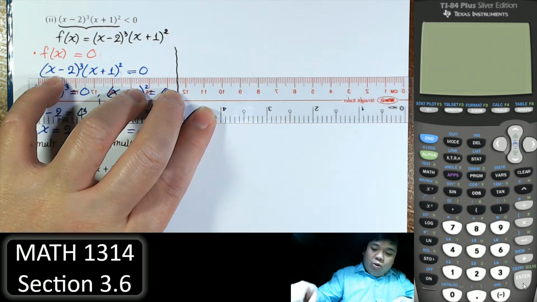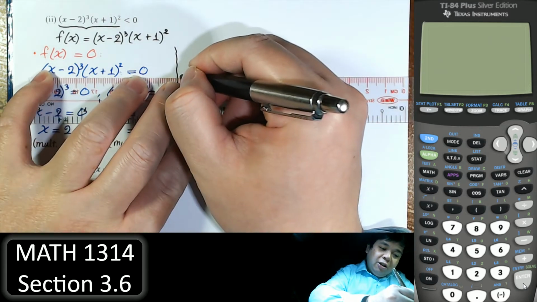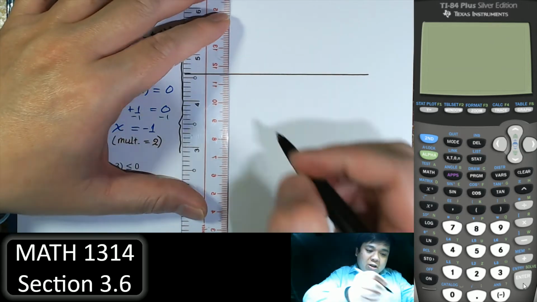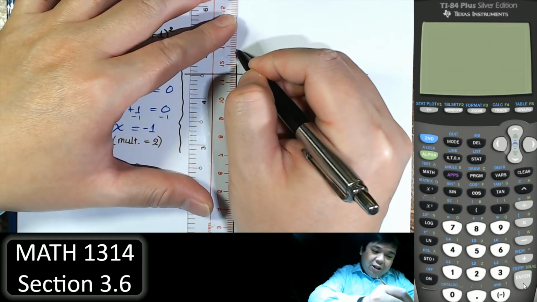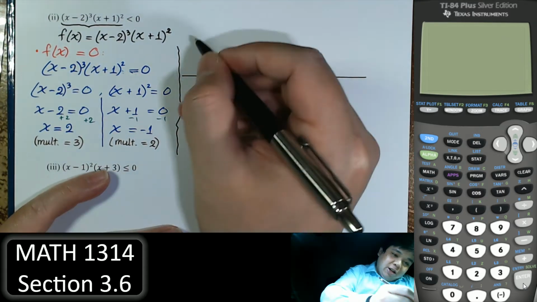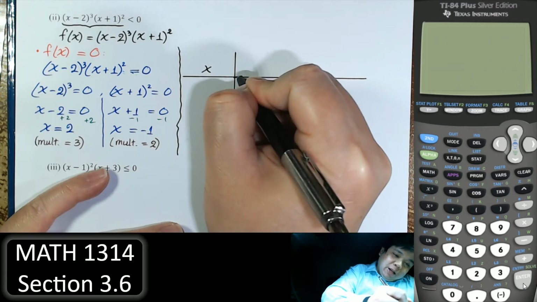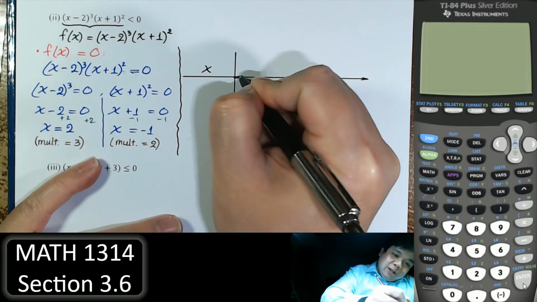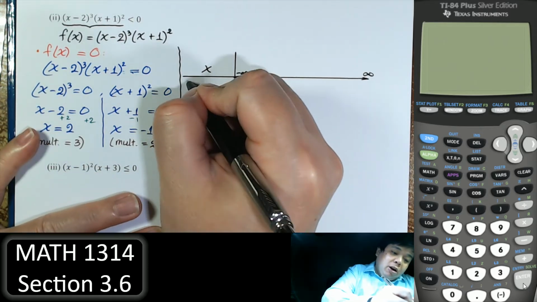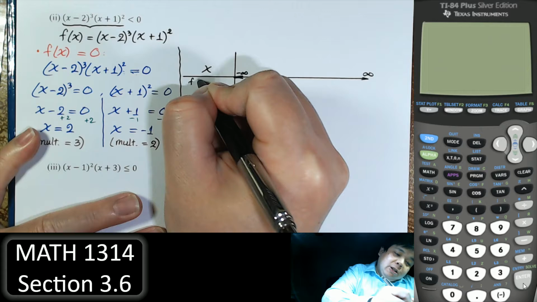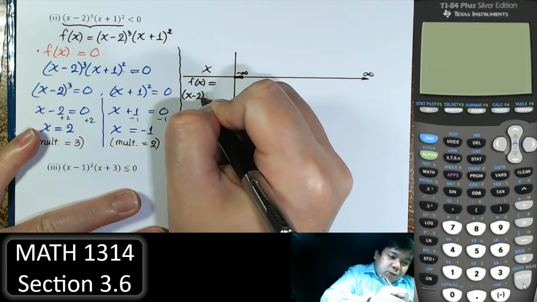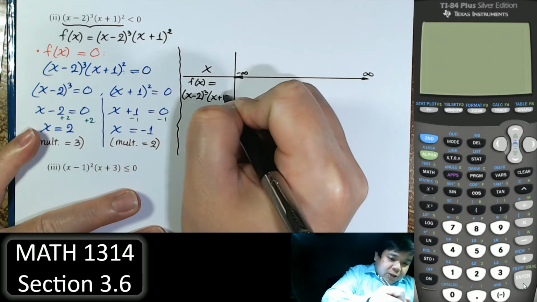Right, so first we draw a number line. Pretty much a number line for x. Put x on the top. At the bottom, we just write the function (x minus 2) cubed (x plus 1) squared.